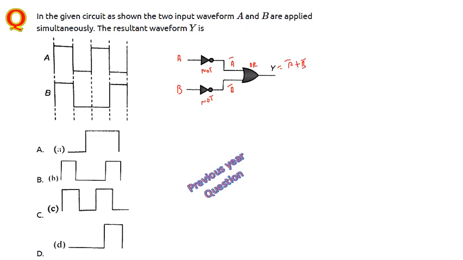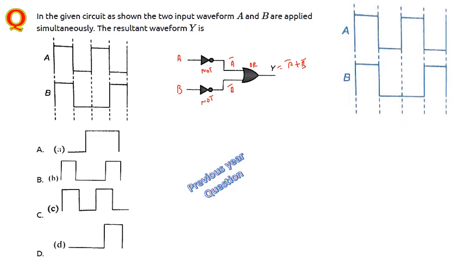Now, to understand this better, I just take this diagram and zoom in. Now we are going to create the input waveforms. Similar concept to the previous one we have seen.